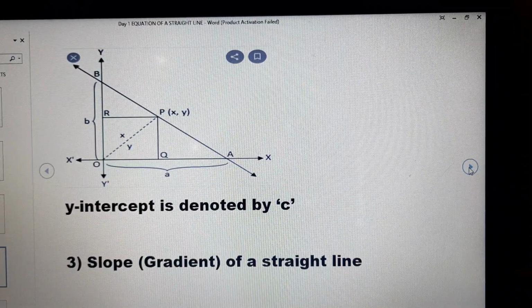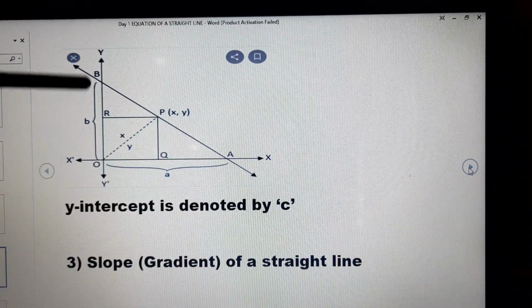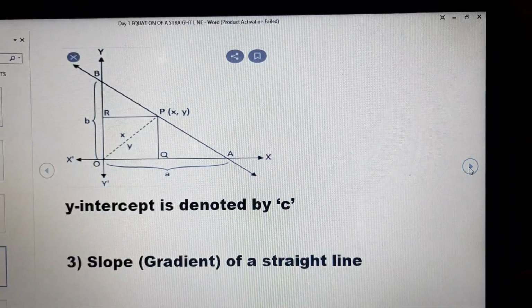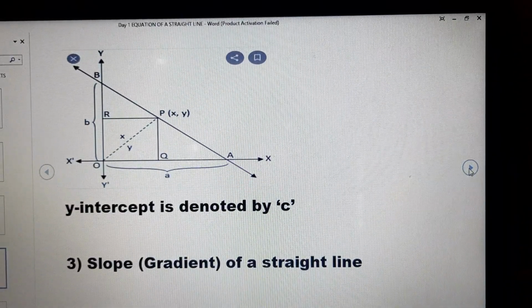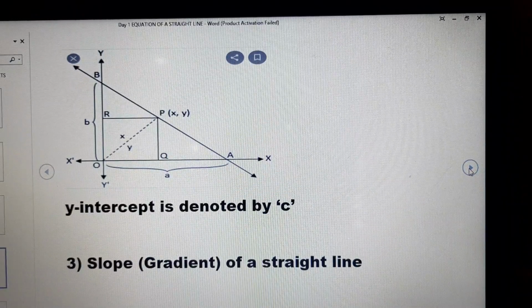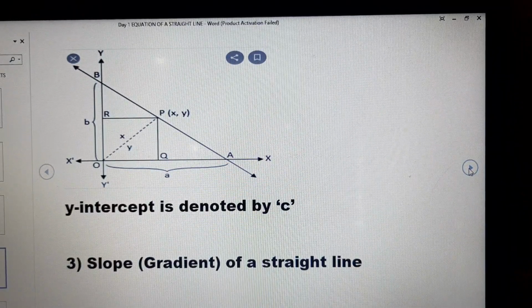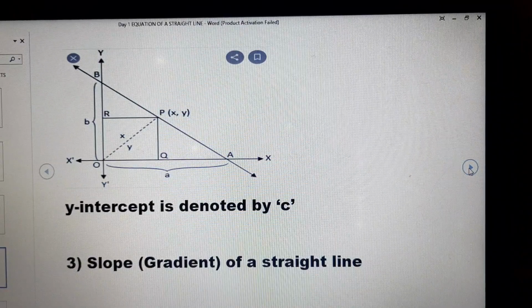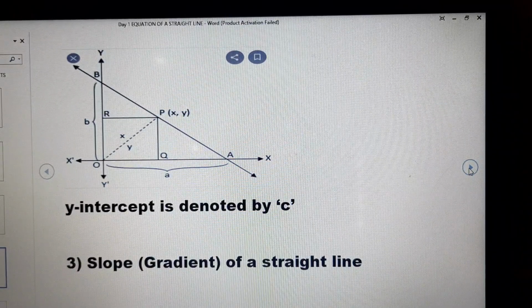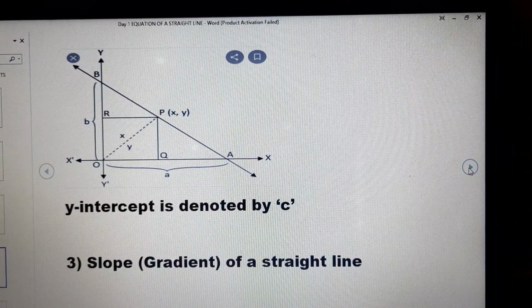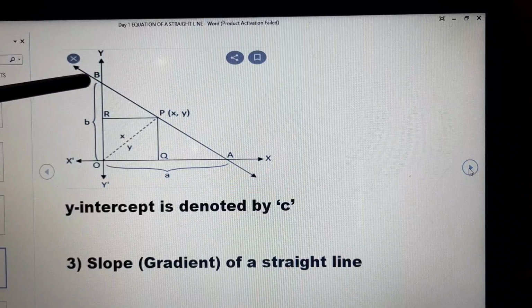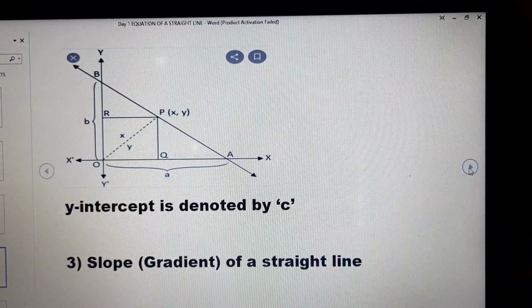So this B is known as y-intercept and A is known as x-intercept. It means the portion cut by line segment on x-axis, it is x-intercept, and the portion cut by straight line on y-axis, it is known as y-intercept.